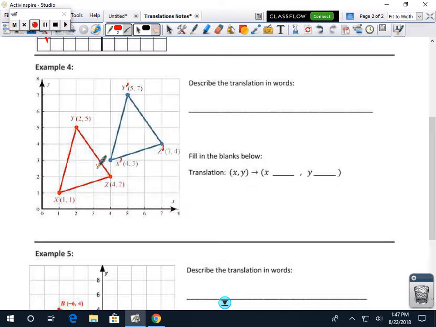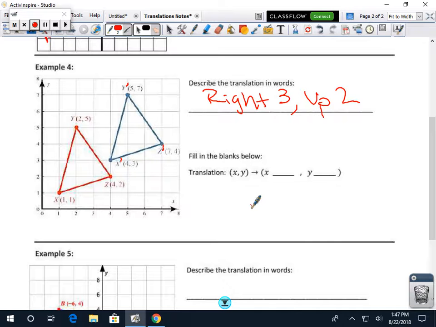Alright, so to count the translation, I'm going to use point Y. From point Y, I'm going to go to the right 1, 2, 3, so I'll move right 3. And then I'm going to go up 2.